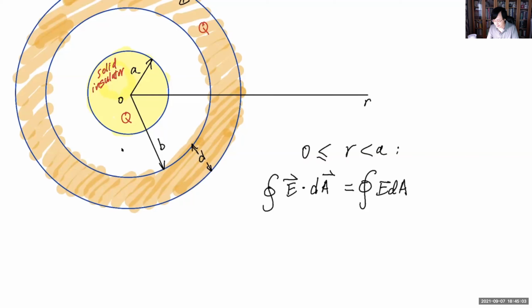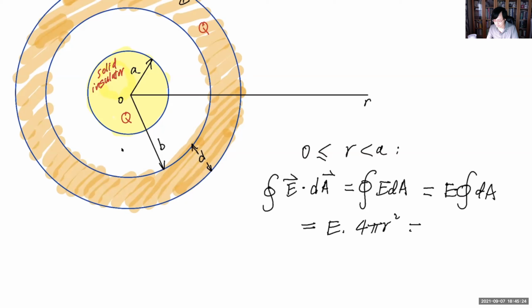And secondly, E here is just the magnitude of E. The magnitude of E is the same everywhere on the surface because of symmetry. So I can take that out of the integration. That's just the integral of dA, right? And thirdly, the integral of dA is just the area of a sphere, which is 4 pi r squared. So it's E times 4 pi r squared.